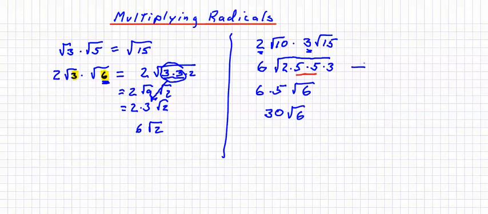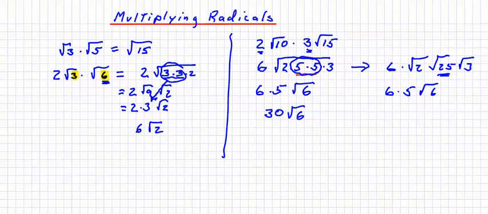Now I could have written this as 6 times the square root of 2, square root of 25, square root of 3. Square root of 25 is 5, and then I multiply the others together. But as soon as I see that pair, I can immediately write it outside the square root.